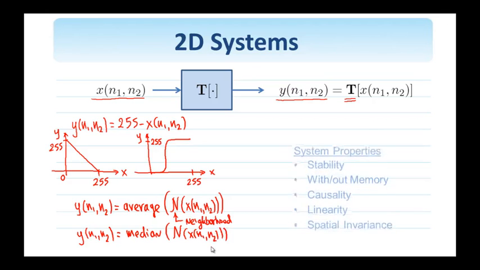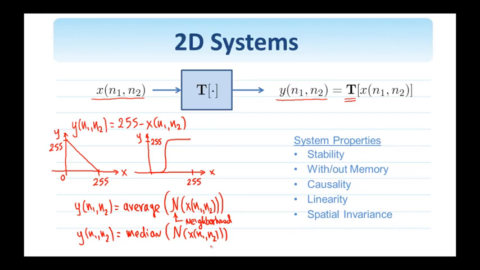When we talk about systems, we are interested in a number of their properties, some of which are mentioned here. We are interested if the system is stable, whether it has memory or is memoryless, whether it's causal, whether it's linear, and whether it's spatially invariant. All these 5 here listed properties are independent of each other. A system can have all of them, none of them, just 1 or 2, and so on.